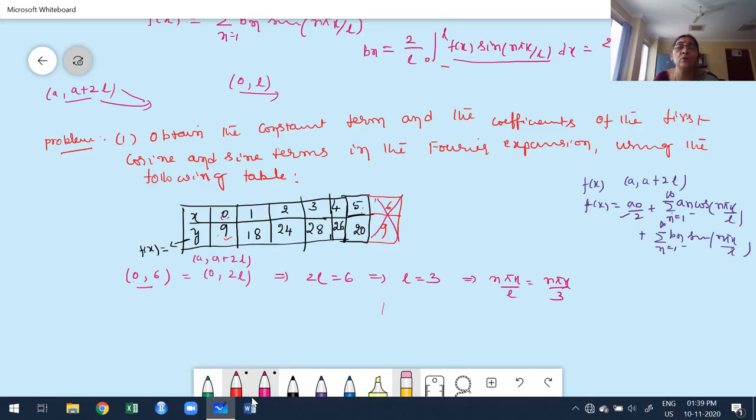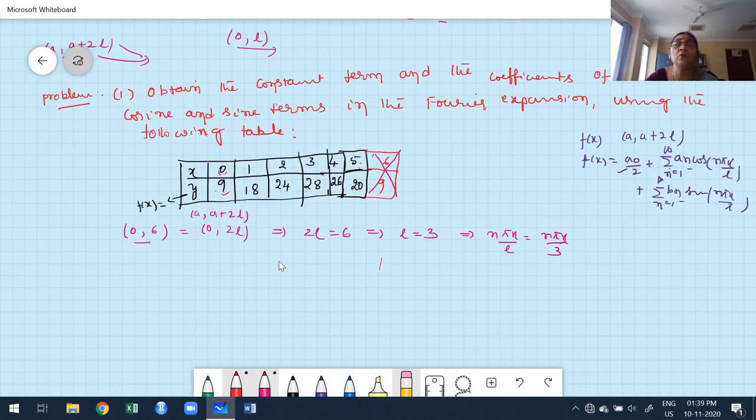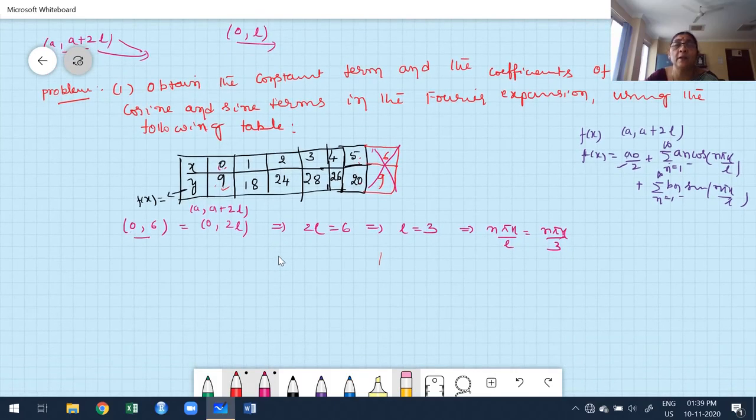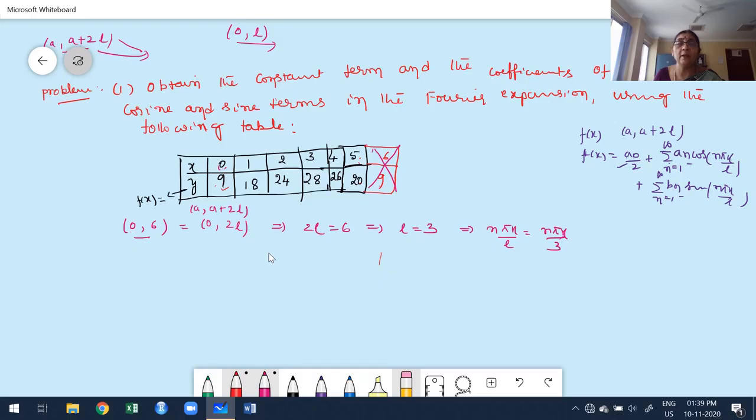Therefore, after choosing the interval and the corresponding l value, we neglect the last value. First observe whether the table is complete or incomplete: the first and last values of the first row must have the same corresponding second row value.